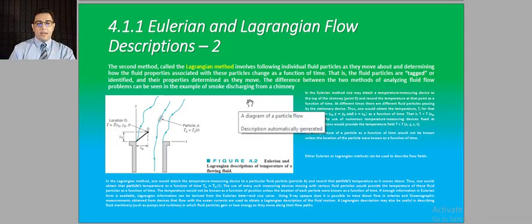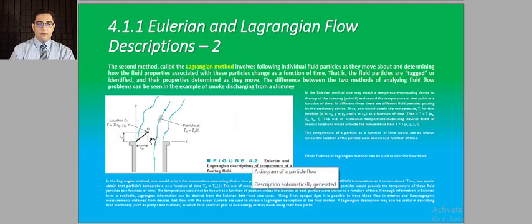Getting the chimney as an example in figure 4.2, if we utilize the Eulerian method, we can just consider the point 0, and we can see every particle that's passing point 0 at any instant.